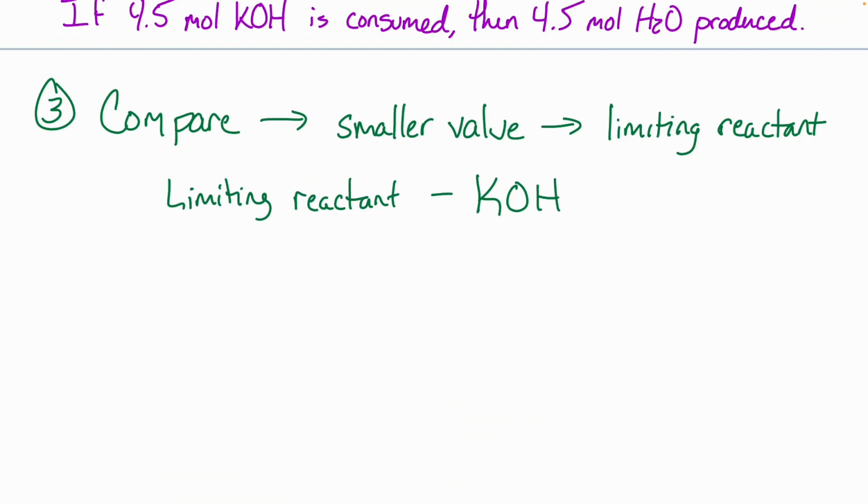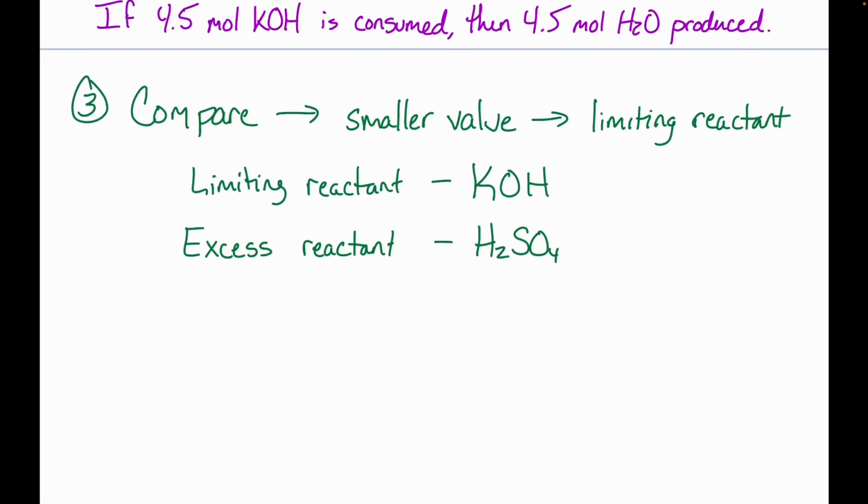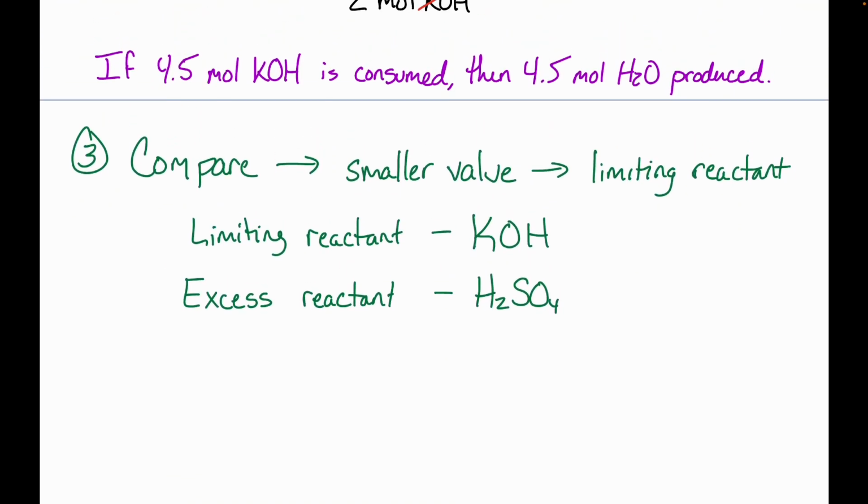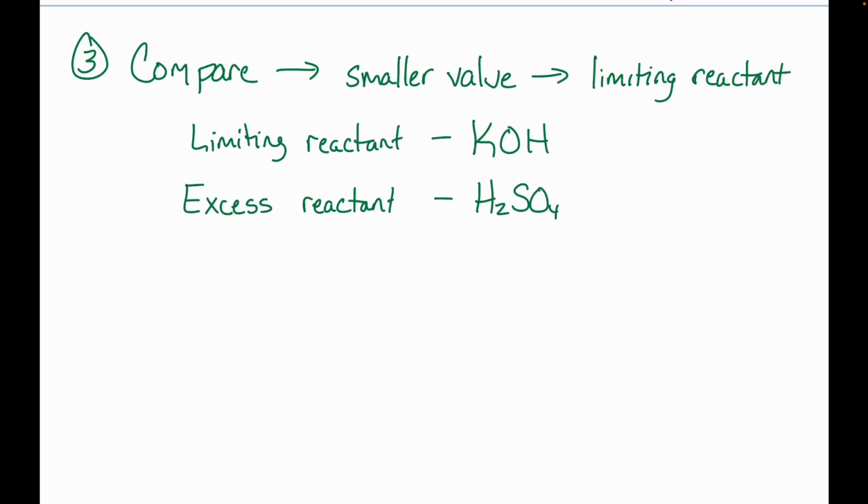The other one we call the excess reactant. So in this case, my excess reactant is that H2SO4. The amount of water that's produced is going to depend only on that limiting reactant. Doesn't matter how much of the excess reactant we have, there's going to be a bunch of it left over, right?